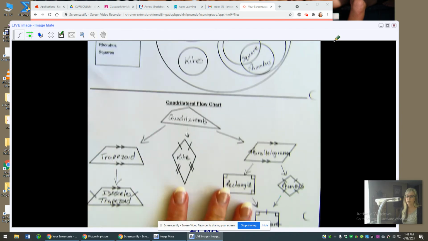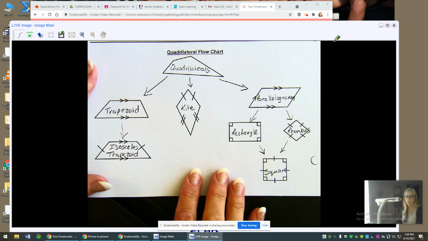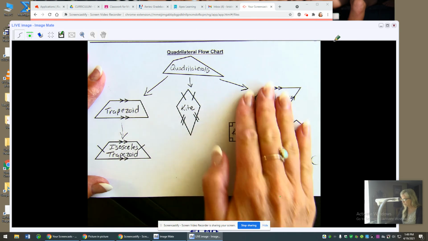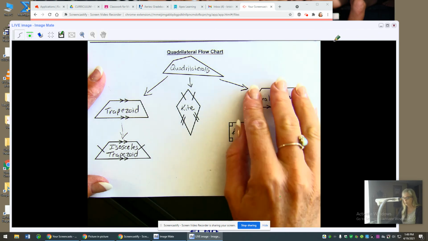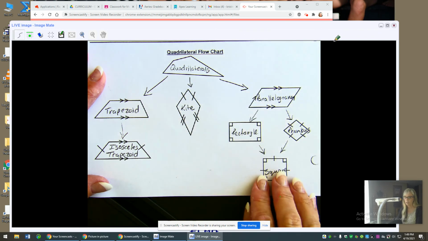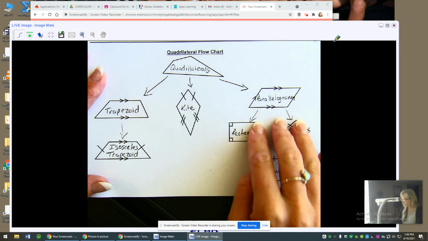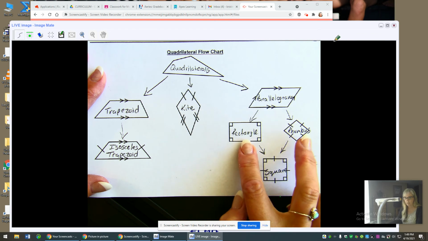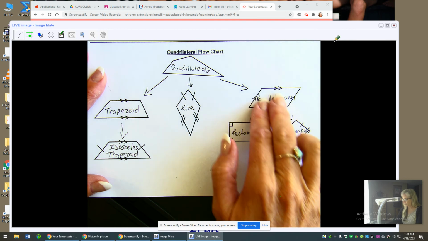Let's look at another way of saying the same exact thing. Instead of a Venn diagram, we have this flow chart. Again, every one of these falls under the umbrella of quadrilateral. Our focus has been over here the past few days, and that is a parallelogram. And all of these things fall under the umbrella of a parallelogram. We have two types: a rectangle type and a rhombus type. And then the square falls under all of those umbrellas.